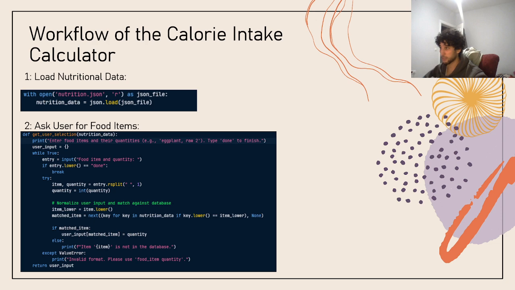It asks for the inputs, the food items, followed by their quantities. The program checks if the food is available in the database, and it then handles the invalid inputs. So it handles errors for this case.